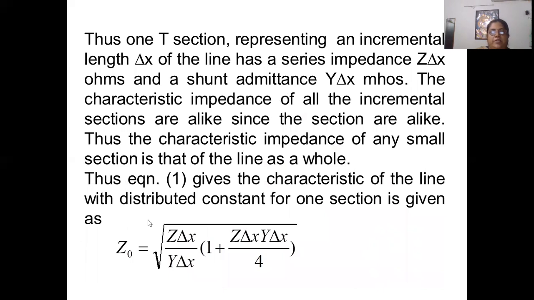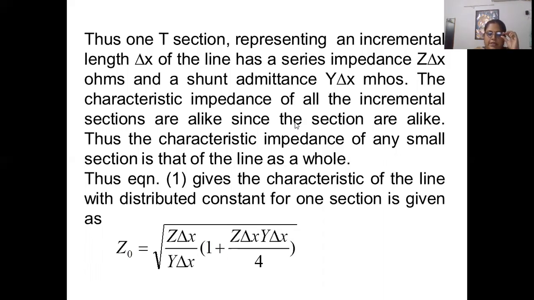Thus, one T section represents an incremental length del x of the line, which has a series impedance in ohms and shunt impedance. The characteristic impedance of all the incremental sections is alike, and since the sections are alike, the characteristic impedance of any small section is that of the line as a whole.